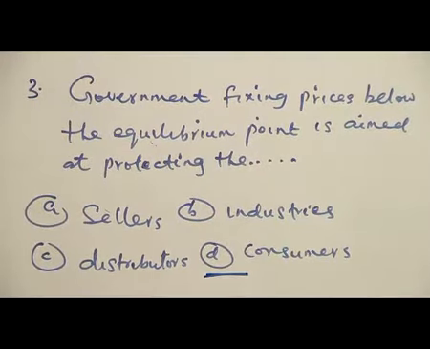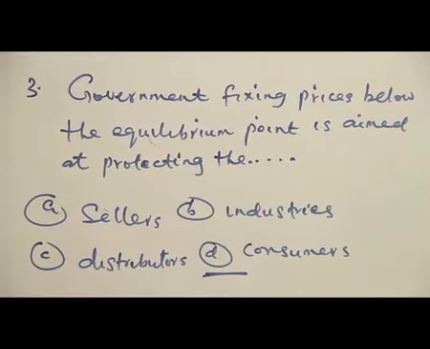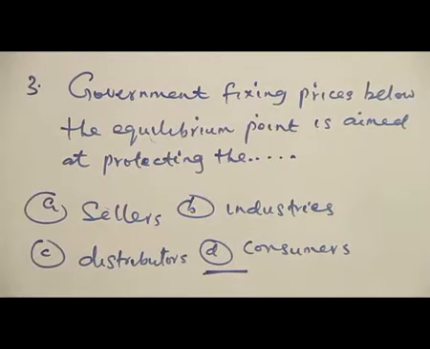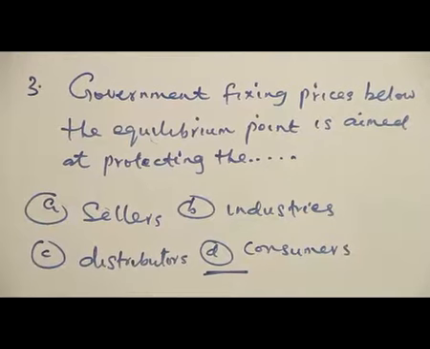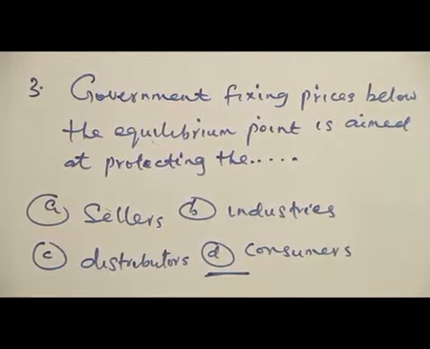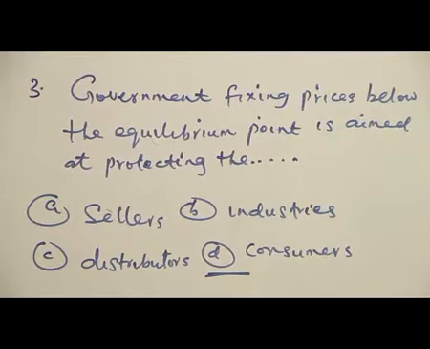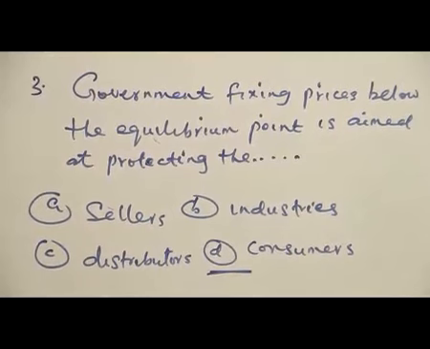Protecting the consumers. We said that the government puts in place policies, and the policies are there to protect maybe employees or consumers. But with respect to this, because the price is fixed below the equilibrium point, consumers are protected against the exploitative attitude of sellers or producers.